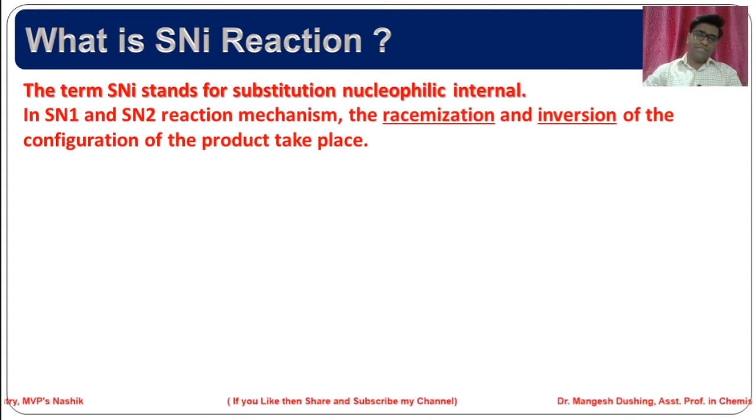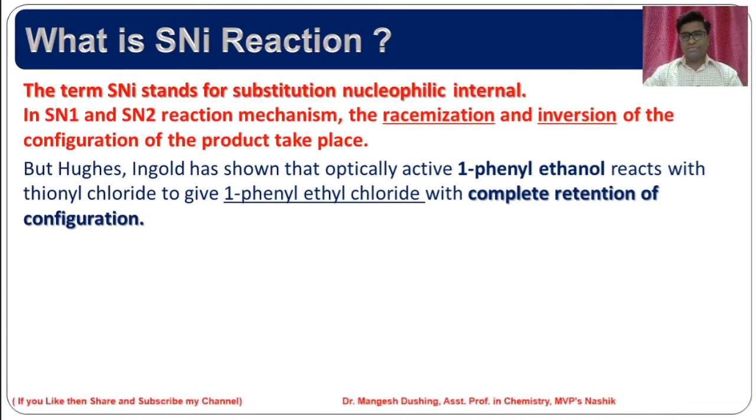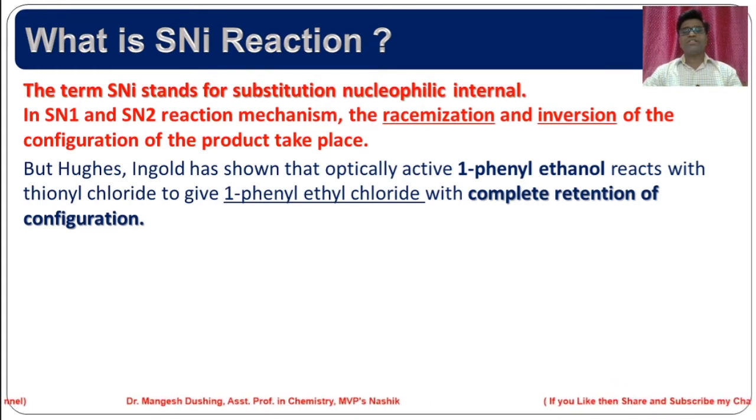But in the case of the SNi mechanism, Hughes and Ingold have shown that optically active 1-phenylethanol reacts with thionyl chloride to give 1-phenylethyl chloride with complete retention of configuration. In SN1 mechanism, racemization, while in the case of SN2 mechanism, inversion.